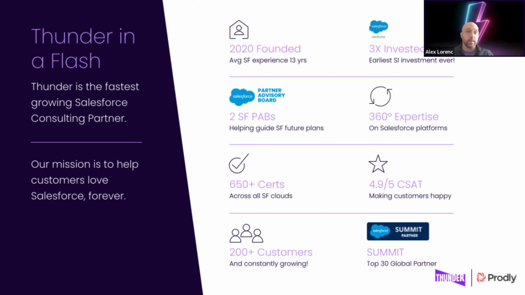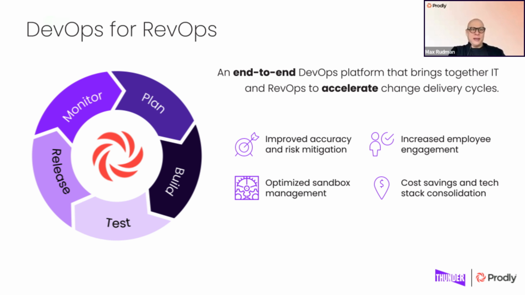And next slide, Max, about Prodly. Yeah, absolutely. As I said, Prodly is a DevOps or RevOps tool, or change management, or application lifecycle management tool. What's unique about us is we're really focused on these declaratively configured, configuration data-driven applications built on the Salesforce platform like CPQ, like Revenue Cloud Advanced, and a bunch of others.